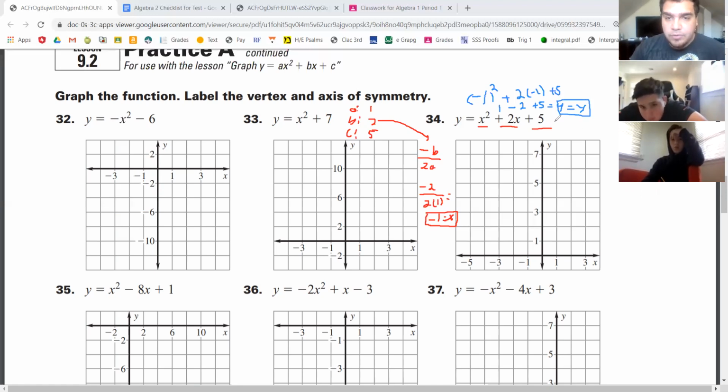Okay. So what are we going to do with all that information? Well, what we're going to do is make a table again. So I'll make my table over here, and we're going to make our table with x and y.